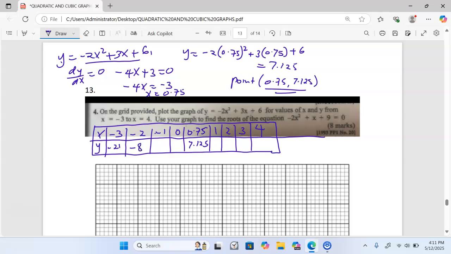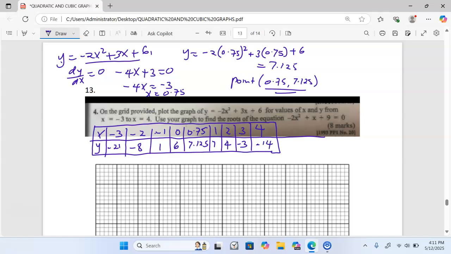When x is negative 1, y is 1. When it is 0, it is positive 6. When it is 0.75, it is 7.125. When it is 1, it is 7. When it is 2, you get 4. When x is 3, you get negative 3. And when it is 4, you get negative 14.